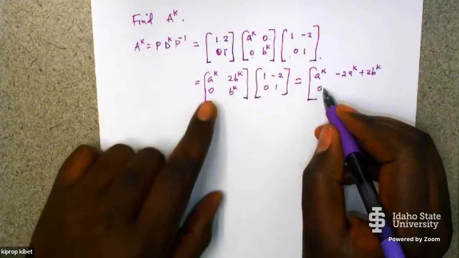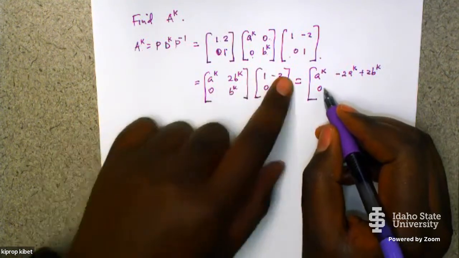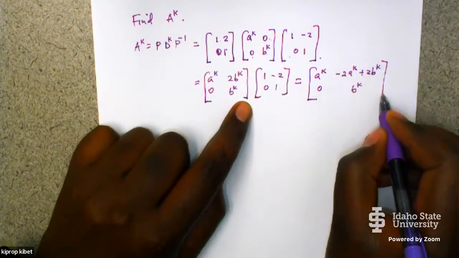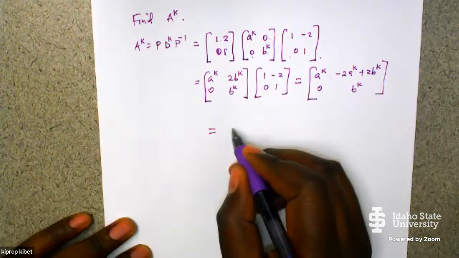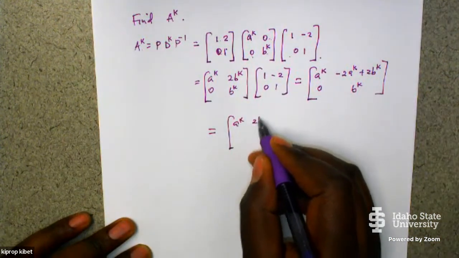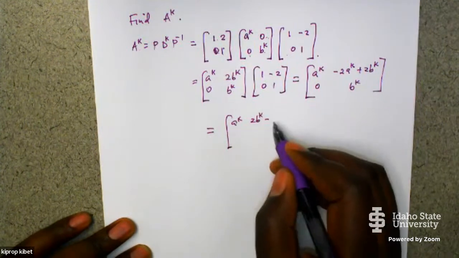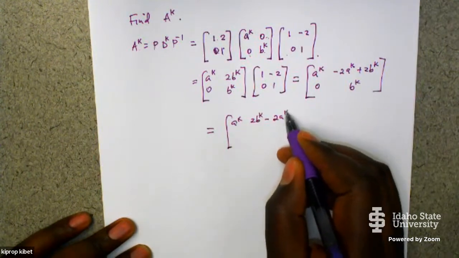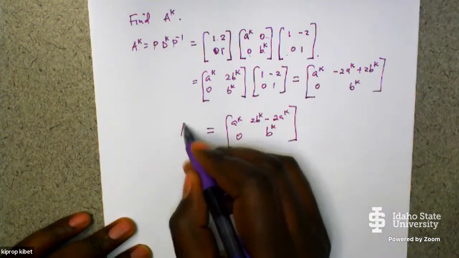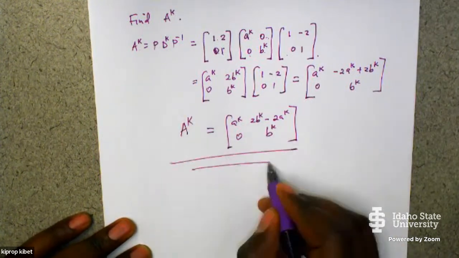This is 0, and this one is 0, this is 0, and this is B^k there. So basically, this is equal to A^k, 2B^k minus 2A^k, then 0, B^k. And this is A^k.